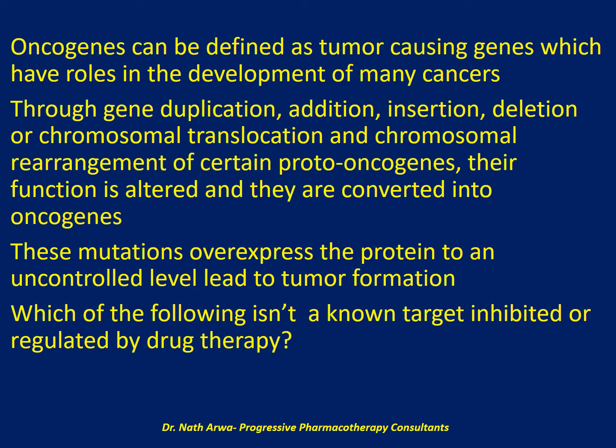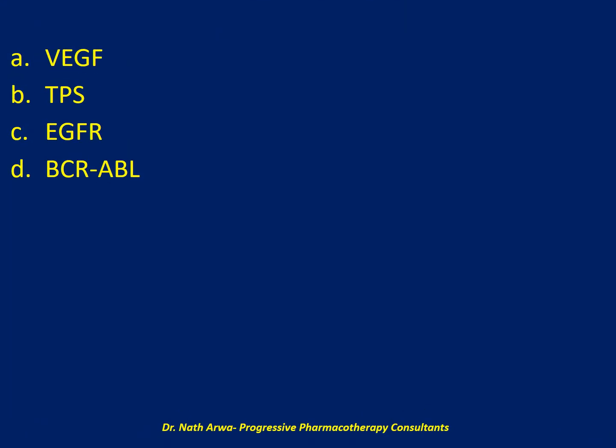So my question to you is, which of the following isn't a target inhibited or regulated by drug therapy? Is it VEGF, TPS, EGFR, or is it BCR-ABL?